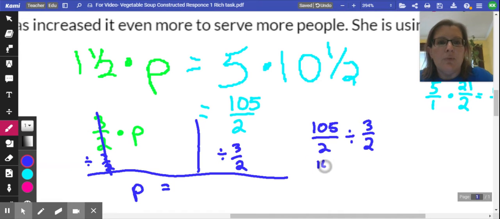And I know that my rule for division is actually multiply by the reciprocal: copy, change, flip. So I copy my 105 over 2. I change my division to multiplication, and then I multiply by the reciprocal. So I needed to flip this to 2/3.